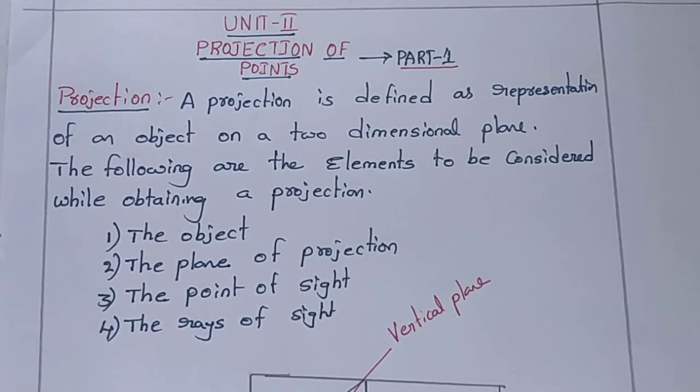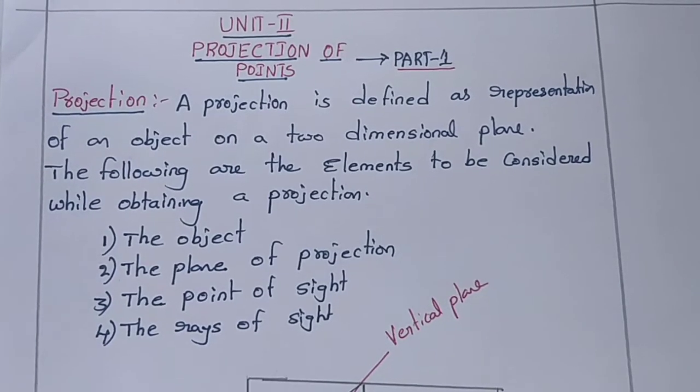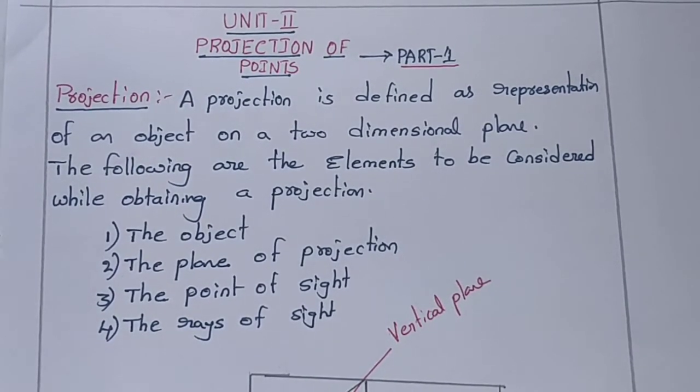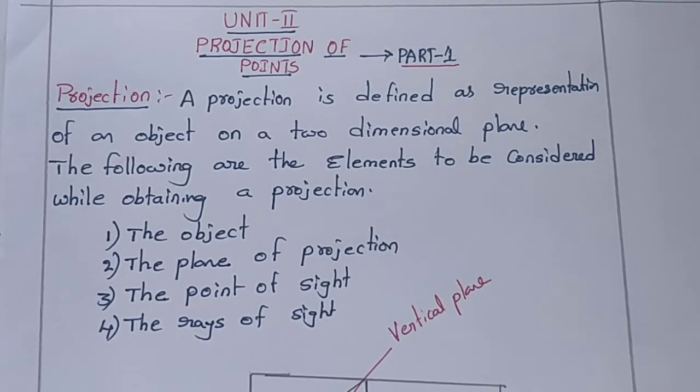Today I am going to start the second unit. Up to now, in the last unit, we discussed conic sections, cycloids, and involutes. These are the different curves used in engineering practice. Coming to the second unit, it is nothing but projections.